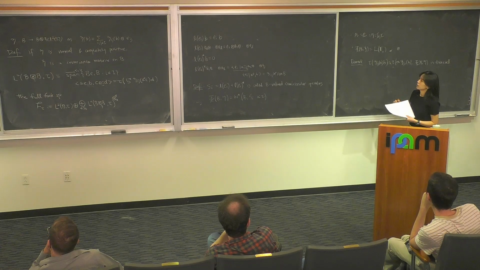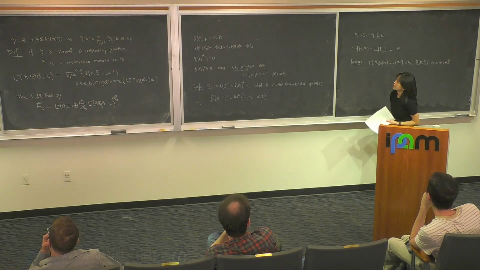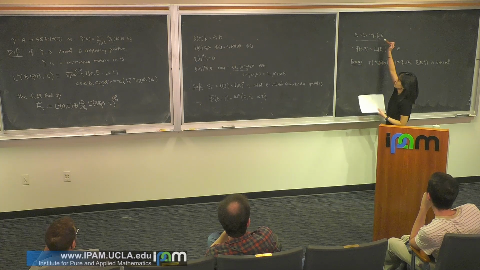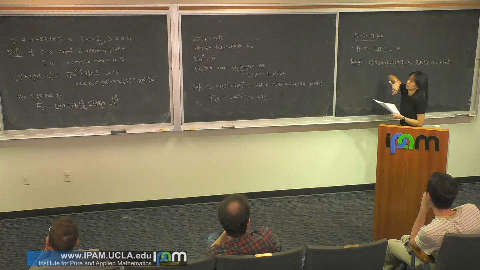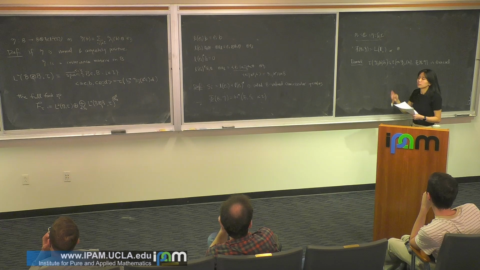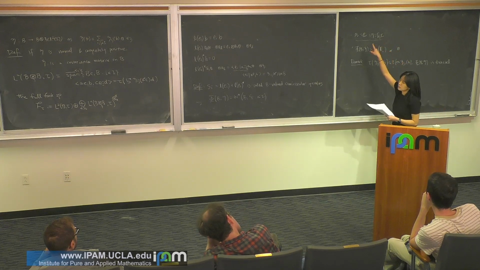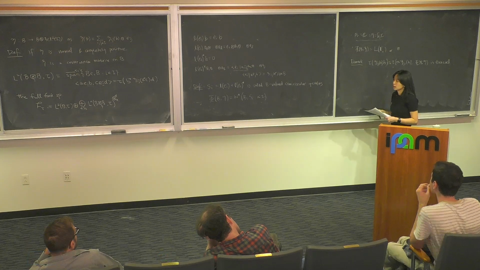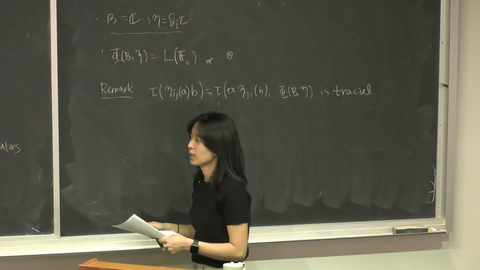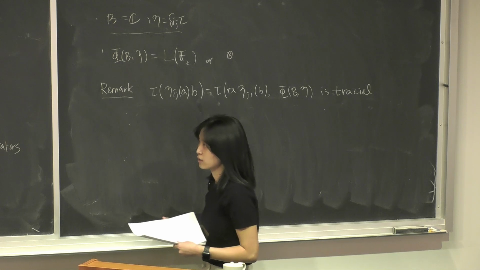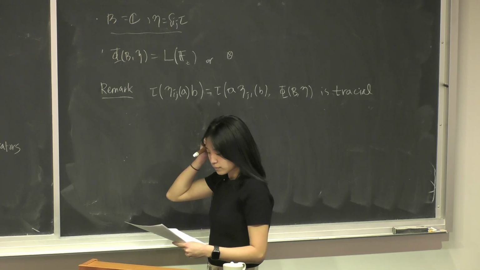Okay. So now back to conjugate system. In this case, defined by Voiculescu, the semicircular operators have a conjugate system, and the conjugate system is just itself.